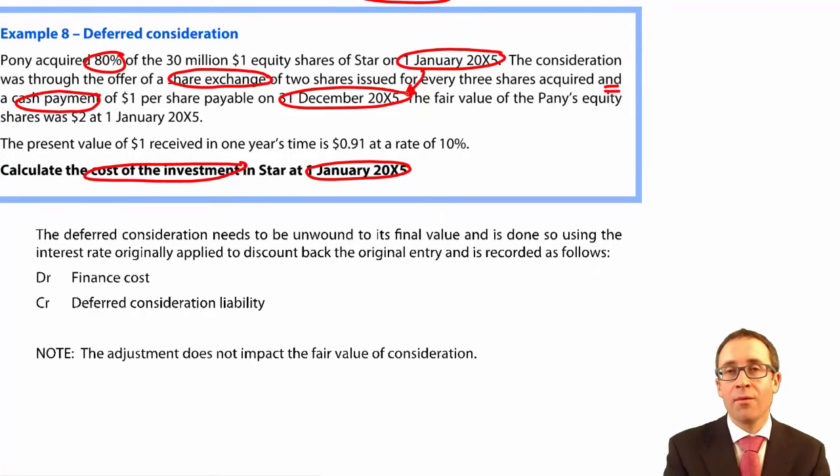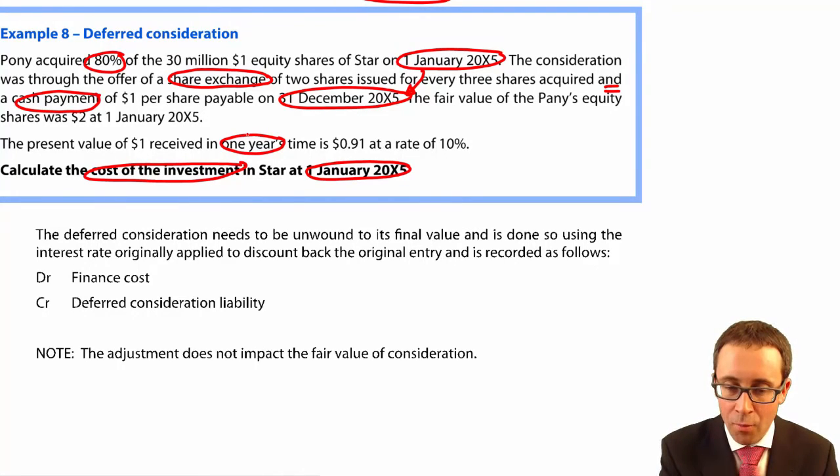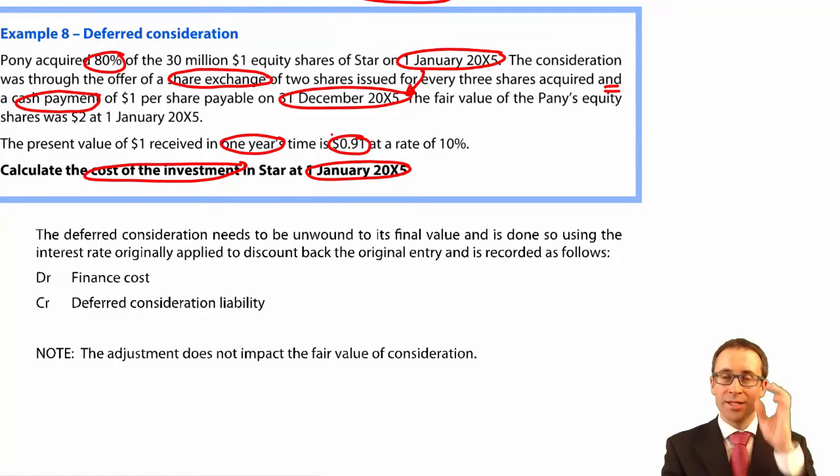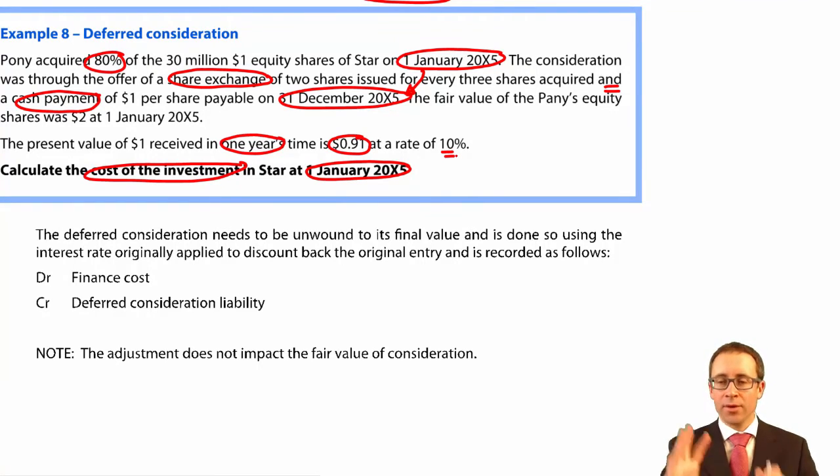So we need to work out the value of that payment, not just in 1 year's time, but we need to discount it back to present value for 1 year using the fact that $1 in a year is worth 91 cents today, using a rate there of 10%. You don't need to convert 10% into 0.91.